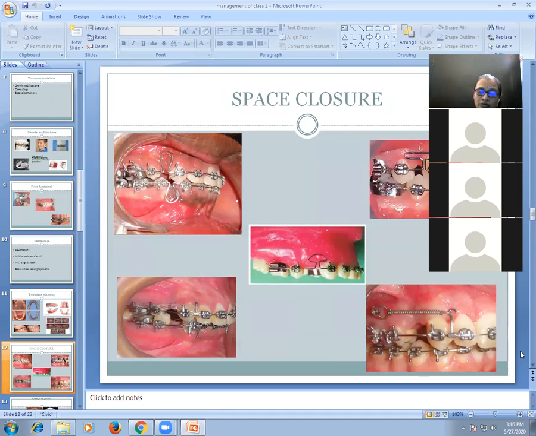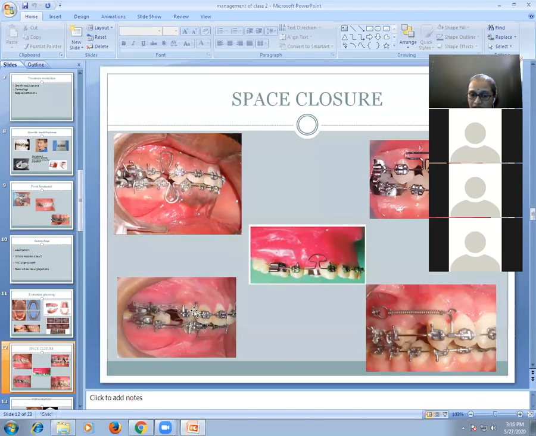In removable, you can go for canine retractors and labial bows to close the space. In fixed appliance, there are different types of loops like the teardrop loop, omega loop, then the T-spring. These loops are wire bends. They are bent in the wire and then activated to close the spaces. Then there is E-chain.